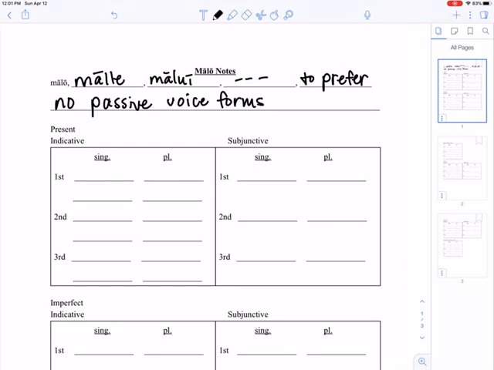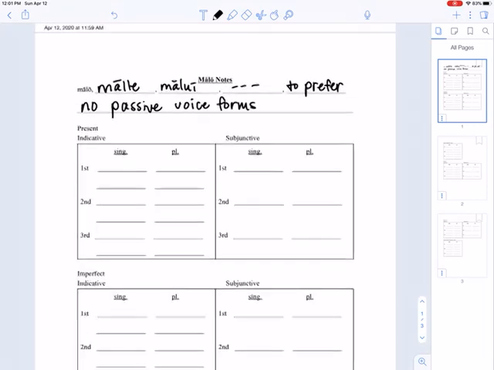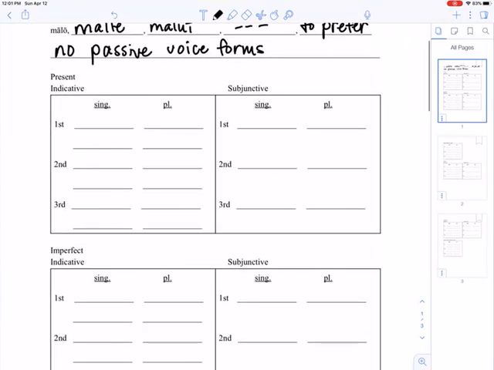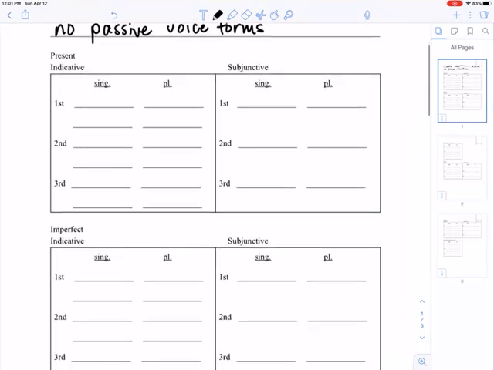Again, mainly they are irregular in the present tense. So let's get started. For malo, our first singular present indicative form is malo, and we're going to just say, I prefer.